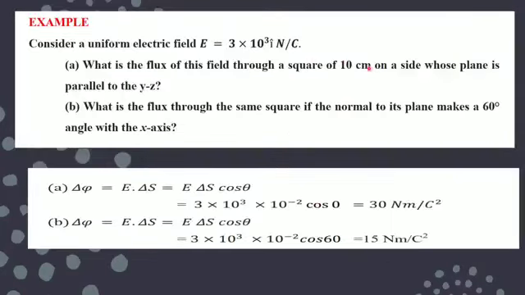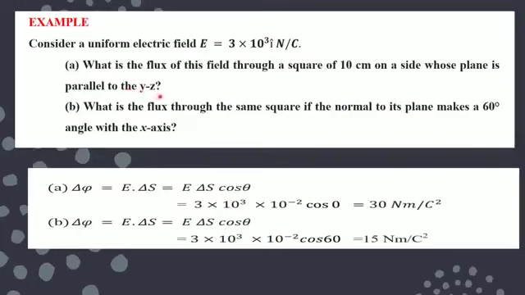Similarly, you may be asked one more question. Again, electric field is given, which is acting along x-axis, because it is written i cap only. So it means electric field is acting along x-axis. You have to find the flux of this field through a square of 10 centimeter on a side whose plane is parallel to yz.